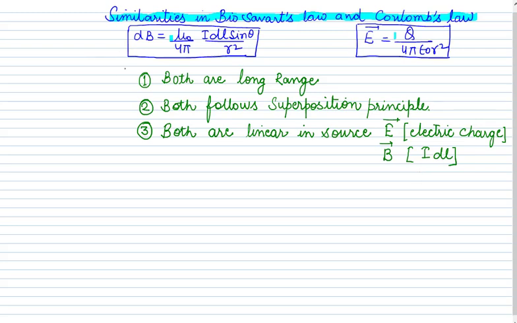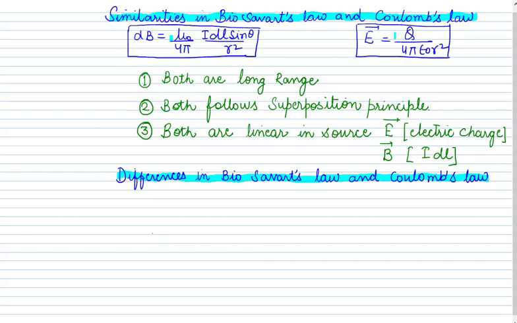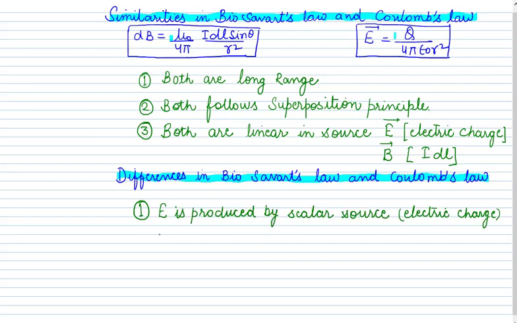So these are the three similarities, and if you go to the differences between these two fields, then the first difference is that the electric field is produced by a scalar source, which is an electric charge, but the magnetic field is produced by a vector source, that is any current carrying element.